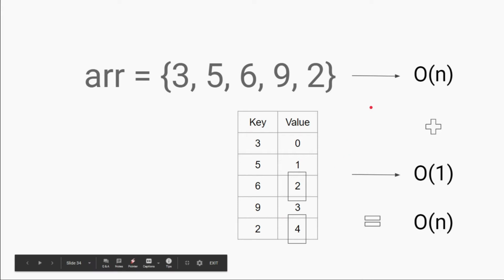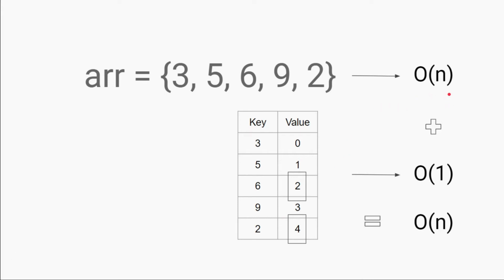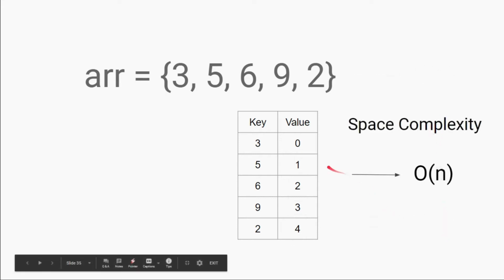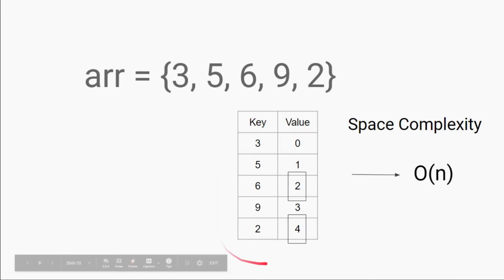Iterating over the array will take linear time because we have to visit each element of the array, and for seeking the index of the given value from the hash table, we require constant time. So the time complexity of the solution will be O(n) plus O(1), that is O(n). And here we require a hash table for storing the values, so the space complexity will be O(n).